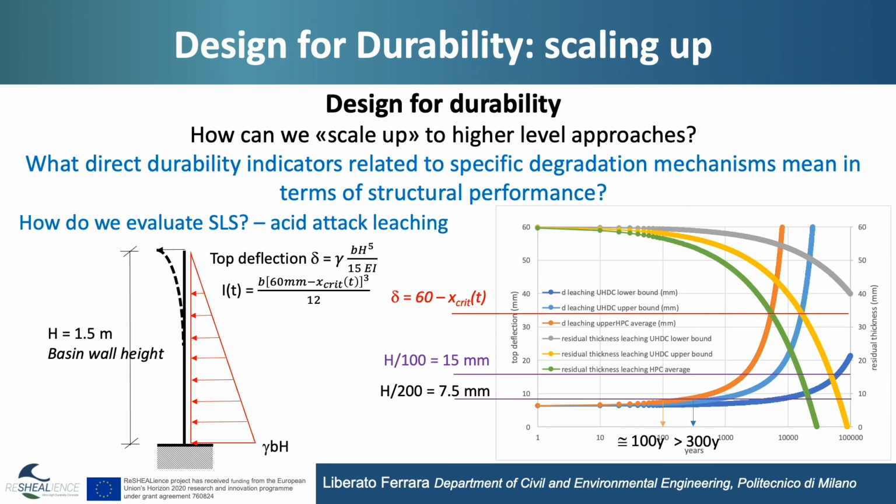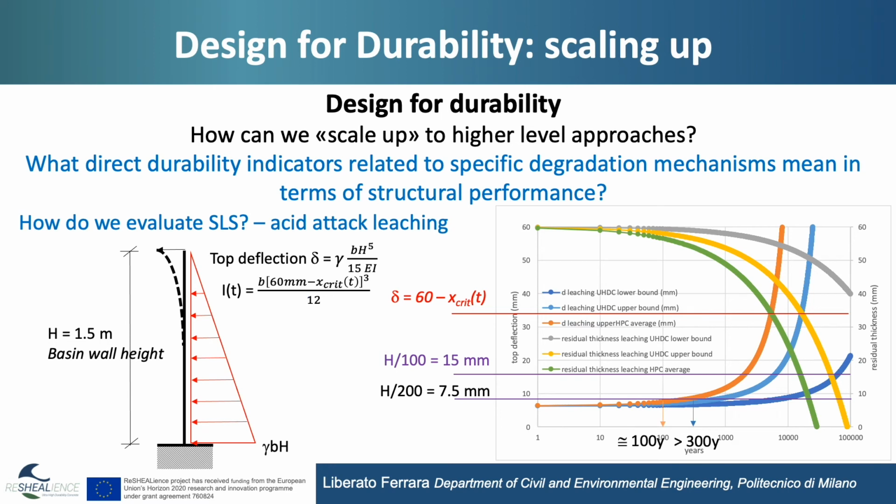Obviously, as long as you lose thickness, your stiffness decreases and your deflection increases. And since the stiffness goes with the cube of the thickness, as long as you lose the layer, the stiffness degrades faster and faster.